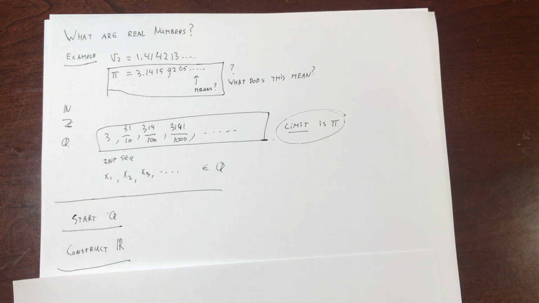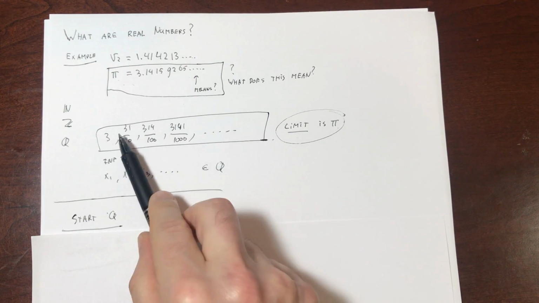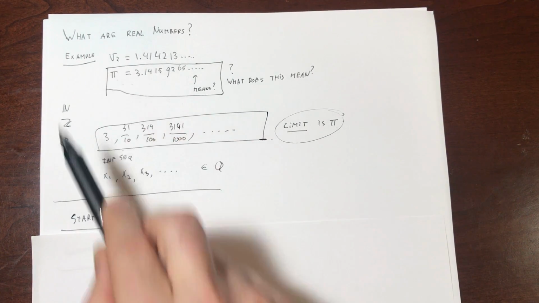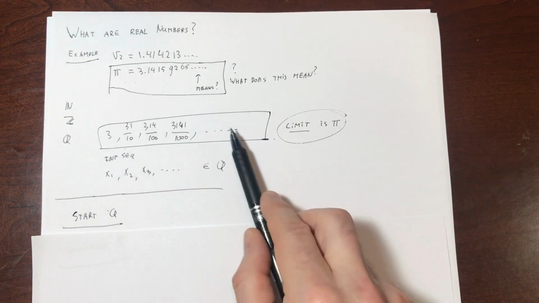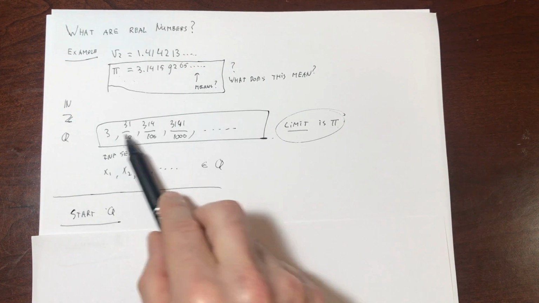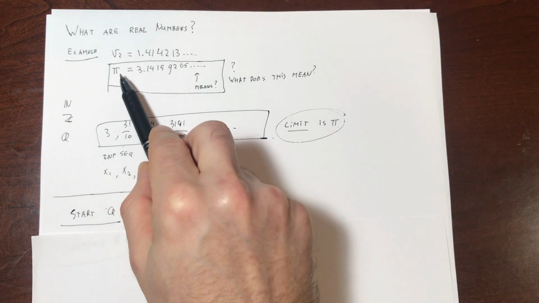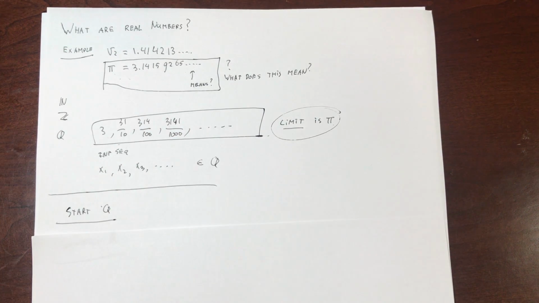Okay, so if I'm starting with nothing but rationals, if I don't have the reals yet, then this doesn't converge to anything. You see, if I don't already have the number pi, then this doesn't converge to anything. This only converges if I already have constructed, if I've already shown that this number exists. Only then can I say that this converges to that.